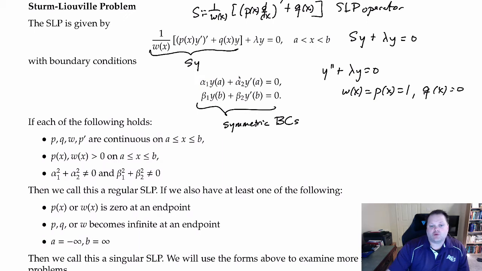We'll talk a little bit more about the role they play here in just a little bit. But these are the kinds of eigenvalue problems we've been having. This is just the general form of those.